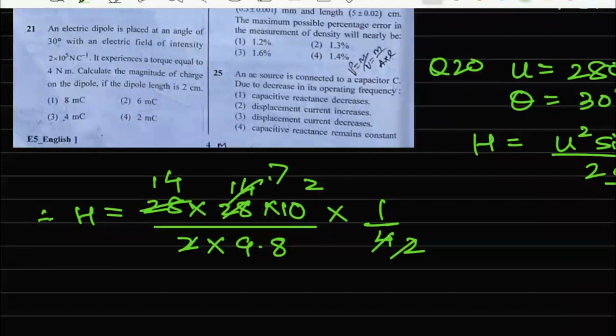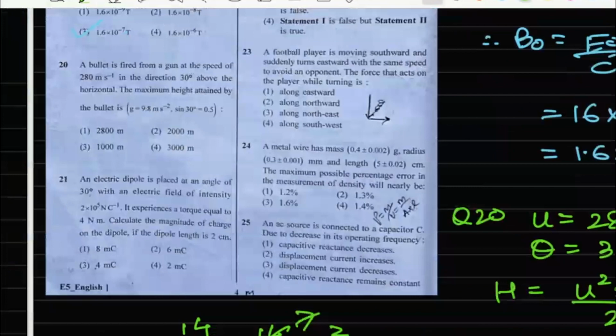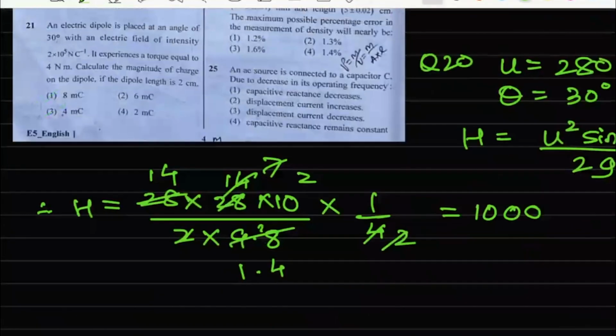So I have 4 is a 21.4. So I have 114 upon 1.4, which is 10 into 10 square. So I have 10 raised to 3. Now basically it is 1000. So is there an option? Yes, there is an option. 1000. So maximum height.